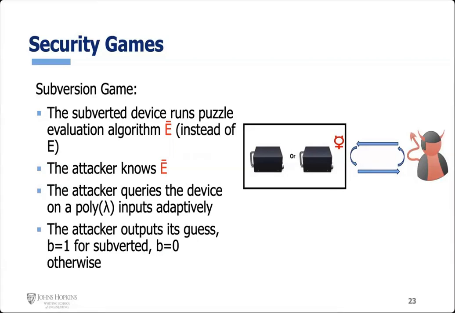In the end, the attacker outputs its guess for whether this device is subverted or not. As you can see, for our example, the attacker is the one who subverted the device. So it can very simply win the subversion game by just sending an input from the trigger set and then just observe the device behavior on that.